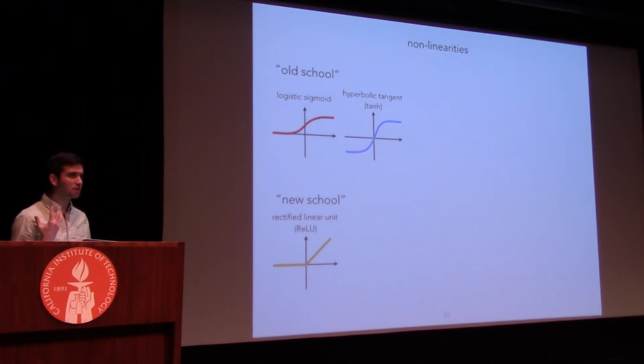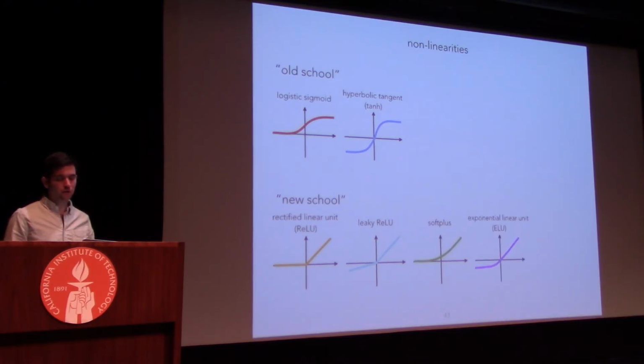If your input was positive, you just return the input. A highly related version is the leaky ReLU, where now you're mapping negative values to some transformed linear function. Another one is the softplus, which is similar to an exponential. Another one is the exponential linear unit, which is kind of similar to a softplus.